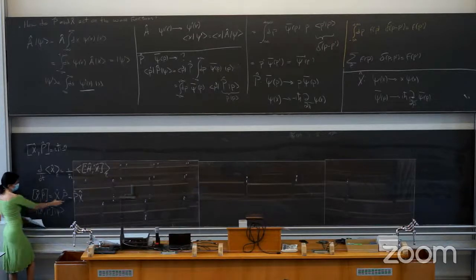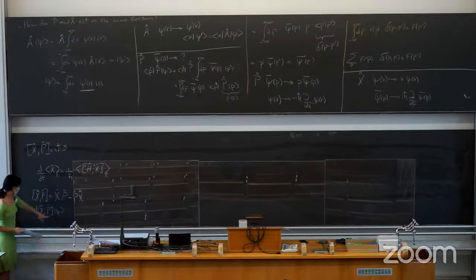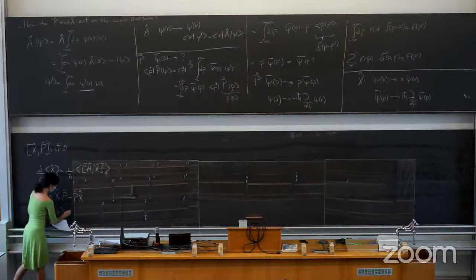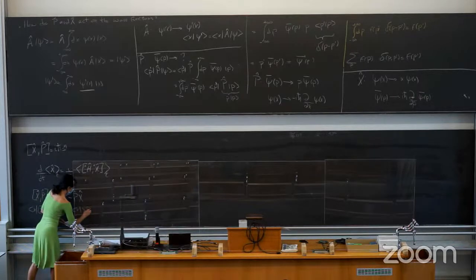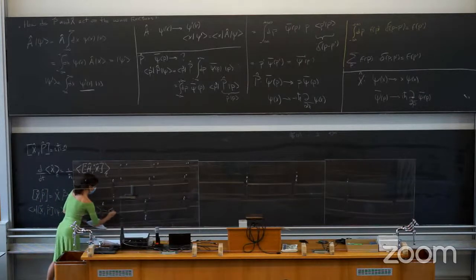Product of two matrices, subtraction, it's a matrix. So this thing is a matrix, so we can sandwich it between two states. And this is just going to be x, xp psi minus x, px psi.